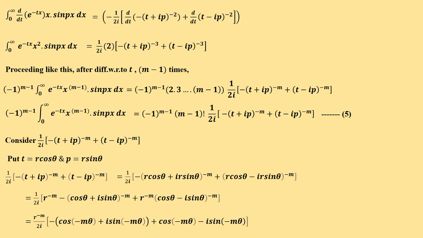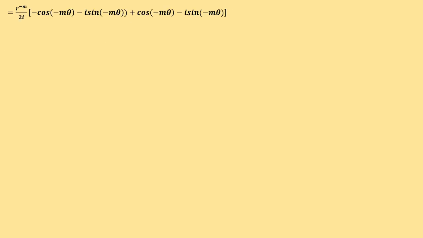So minus already outside, so cos minus m theta plus i sin minus m theta. Similarly in the second term plus cos minus m theta minus i sin minus m theta. So r power minus m by 2i, minus cos minus m theta minus i sin minus m theta plus cos minus m theta plus i sin minus m theta, right?